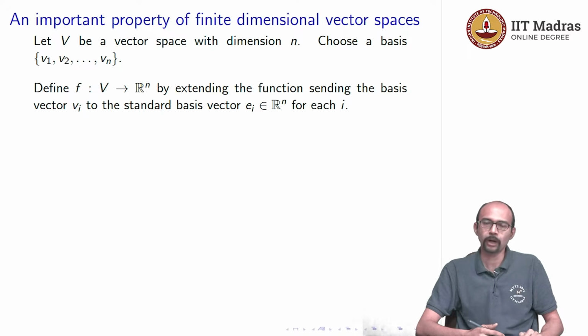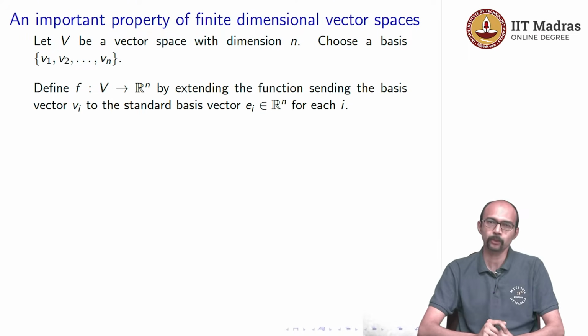We define the map f of vi equals ei only on the basis v1, v2, up to vn, and then we extend it to a linear transformation, which by abuse of notation we are still going to call f, and of course, as a result it continues to take vi to ei.